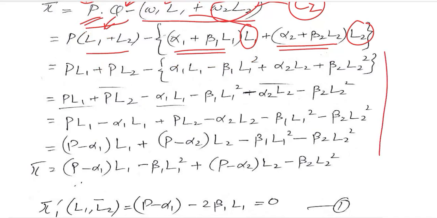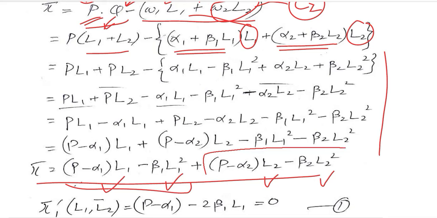We are rearranging and simplifying here. After all of these steps, this is the final result for the profit function. One thing which is noticeable is that we have labor 1 and labor 1 square, labor 2 and labor 2 square. So we have arranged the labor 1 terms first and then the labor 2 terms, and we are increasing their degree.